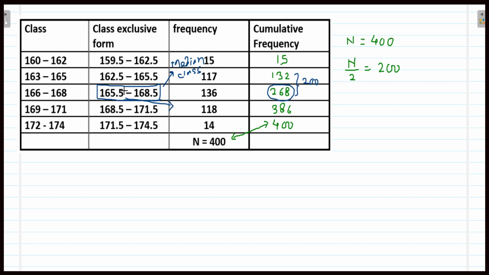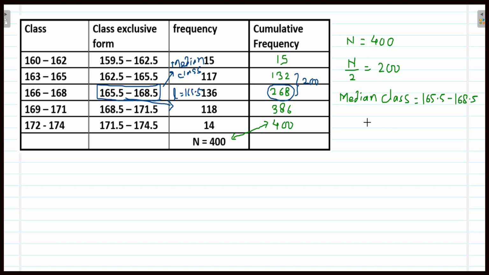This lower limit is 165.5, that we denote by L, and so L will be 165.5. So let us write it here: median class is 165.5 to 168.5.